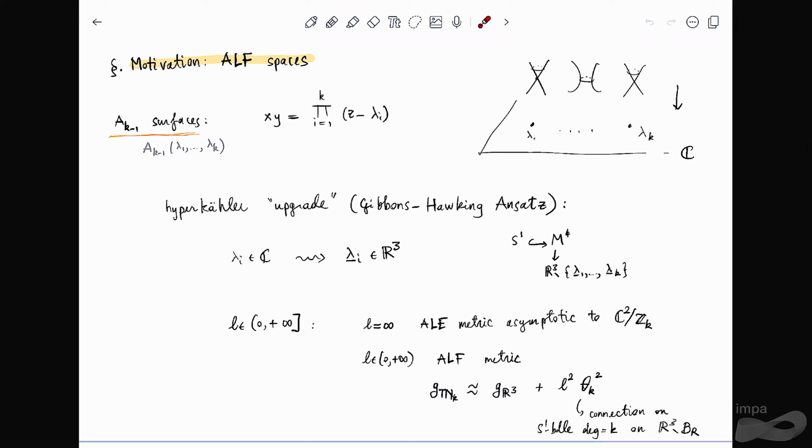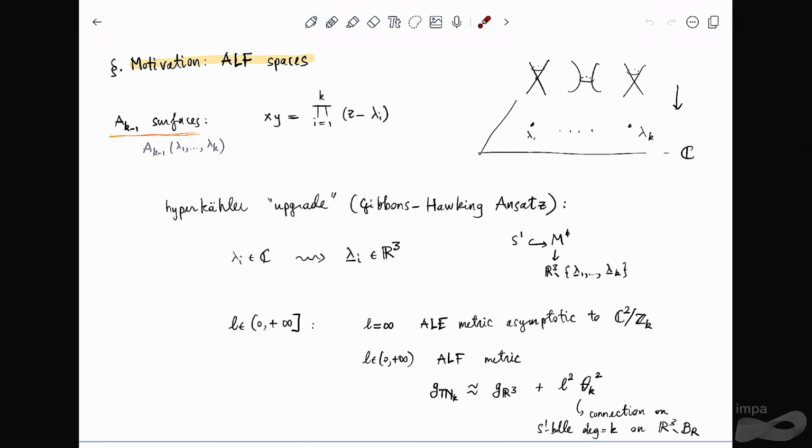In this talk, because in the end we're going to emphasize Twistor methods, what's going to matter more is the generic complex structure on these, compatible with the hyperkähler metrics.